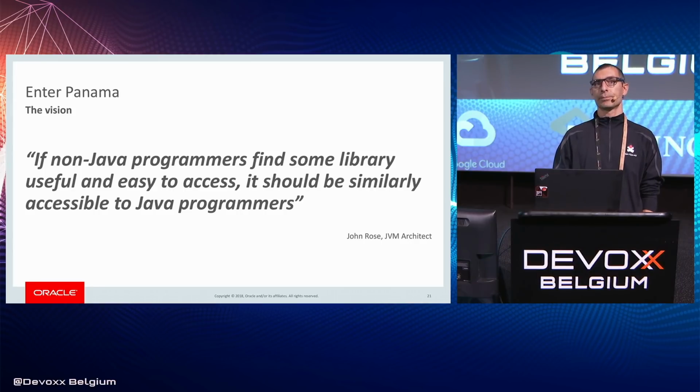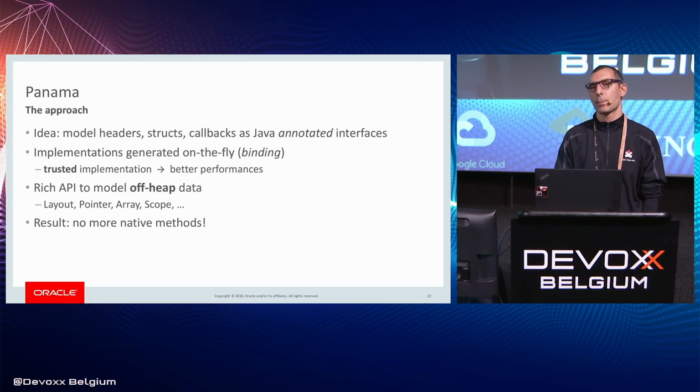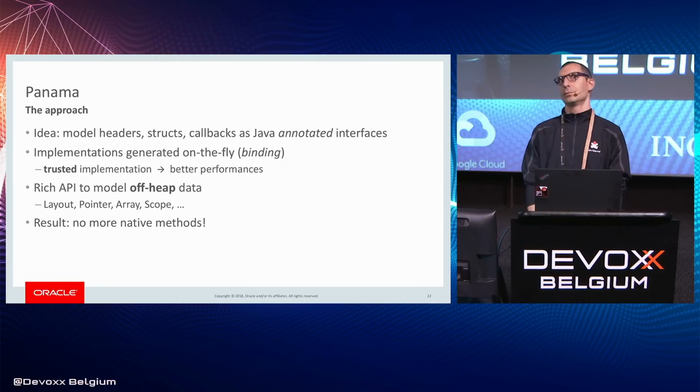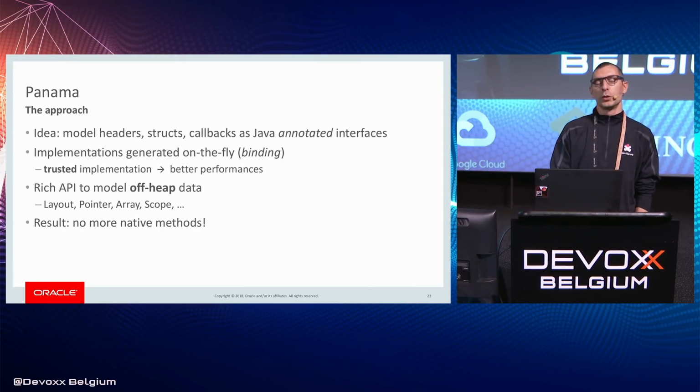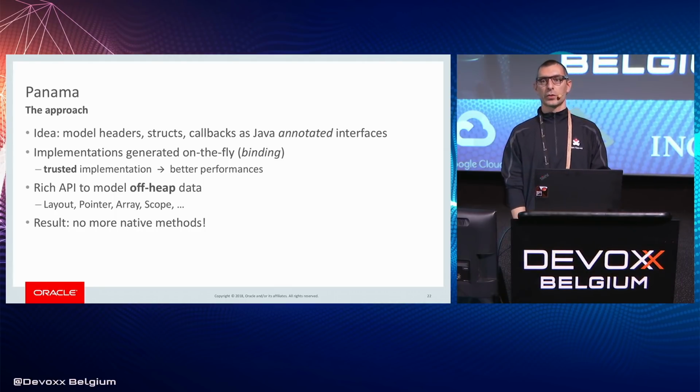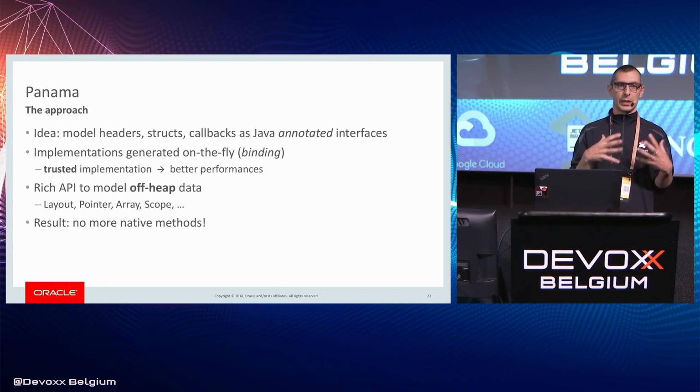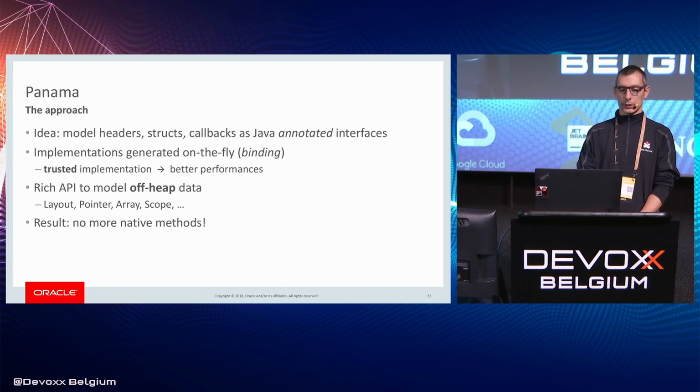The way we do that is by stepping back and basically not relying on native methods, and instead modeling everything, structs, headers, with annotated interfaces. So we are going to use interfaces a lot. We are going to put metadata on interfaces in order to capture the essence of the native data that we are going to model.